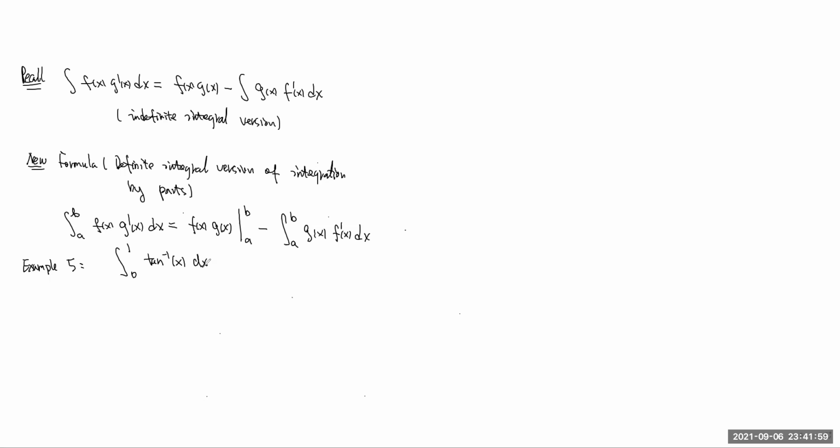The same, we have to define what's u, what's dv. For this, we assume u is tangent inverse x, dv is dx, and then du by the formula is 1 over 1 plus x squared dx, v is x, right?